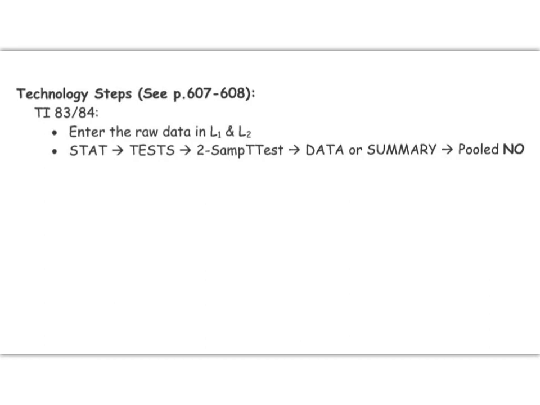You don't need a list 3 this time. You are just going to go to a different test. It's stats, tests, and 2 sample t-test. And you're either going to have data or you're going to have a summary. And we are definitely not pooling.